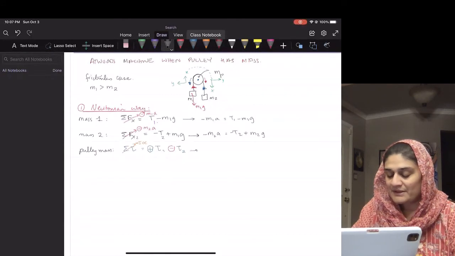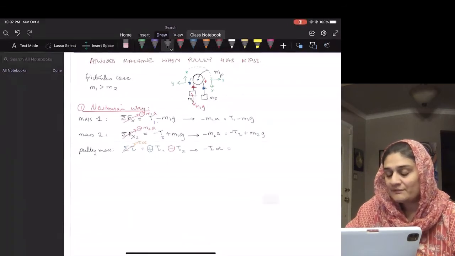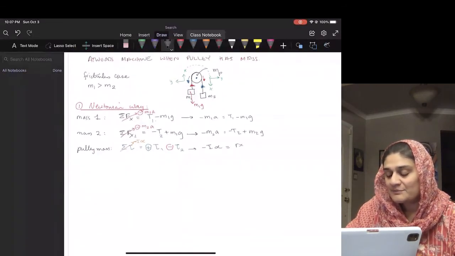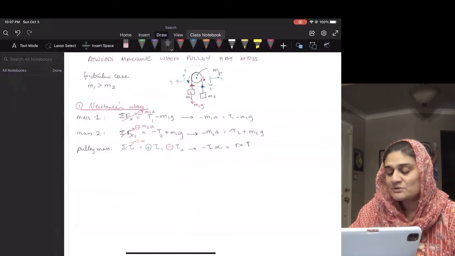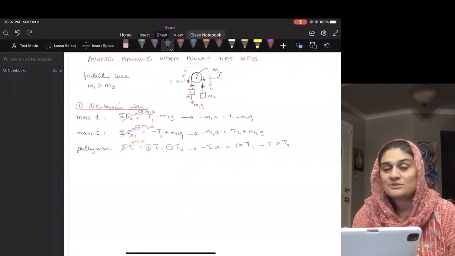And I can rewrite this expression as minus I alpha equals, what is torque 1? R times T1, which is due to tension 1, minus R times T2, which is tension due to mass 2.